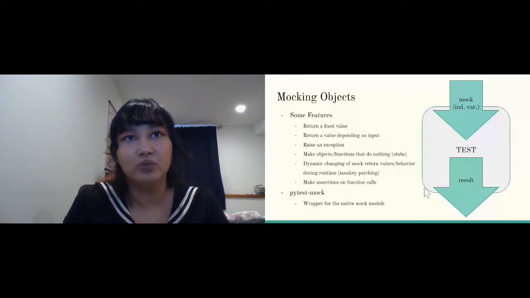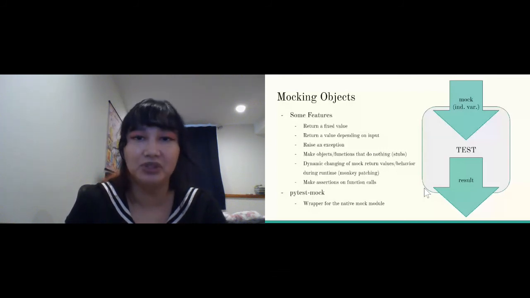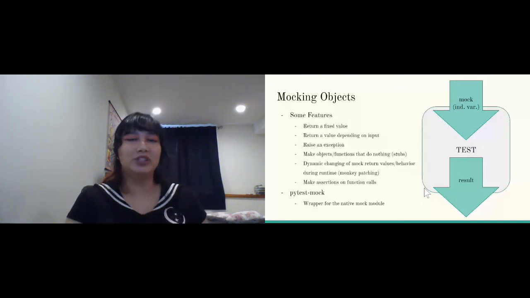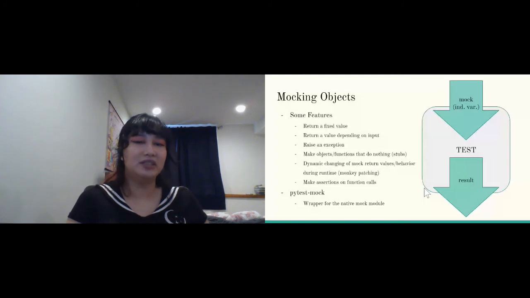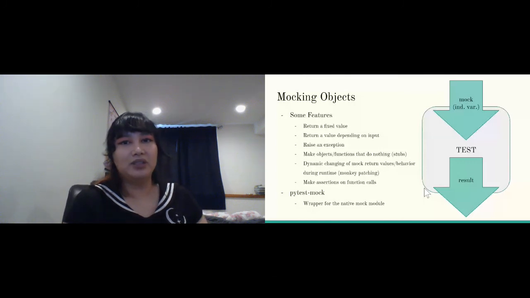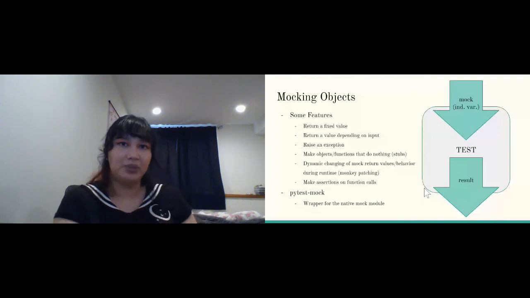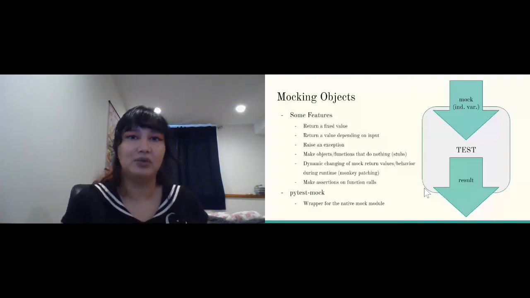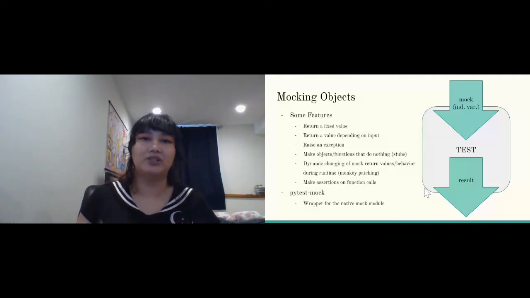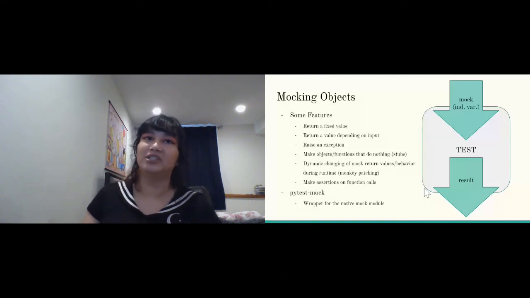With mocking, we can raise an exception, which you'll see later on. And then we could also make objects or functions that don't necessarily do anything. And this can be pretty useful down the line if you're trying to simplify the kinds of input that you're adding to the test and you don't want anything going on under the hood for that particular test object.